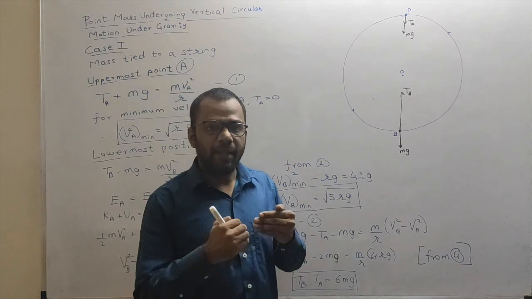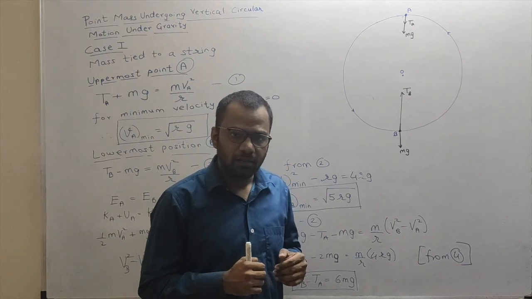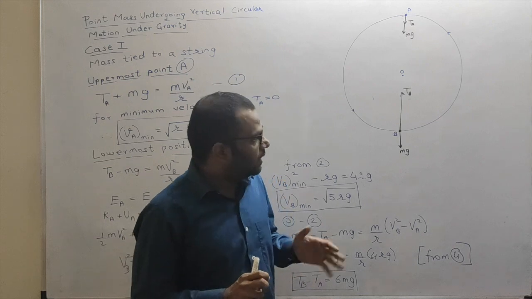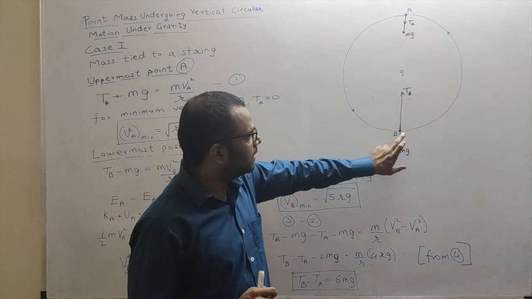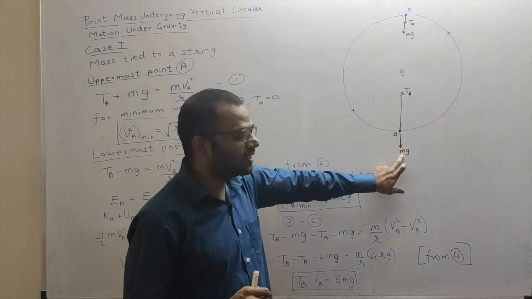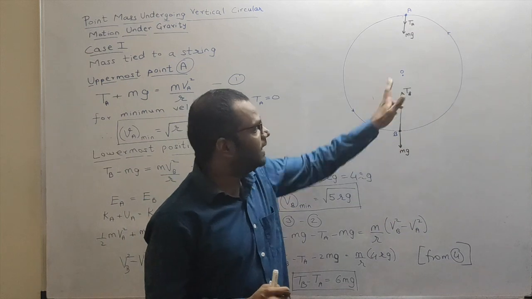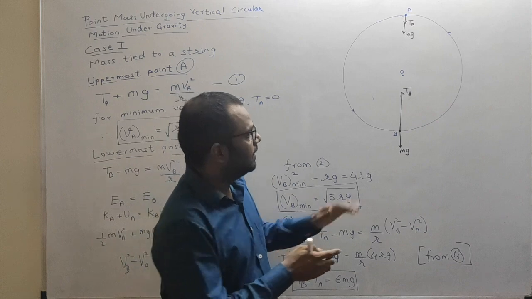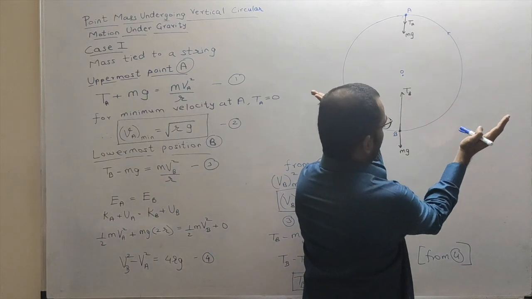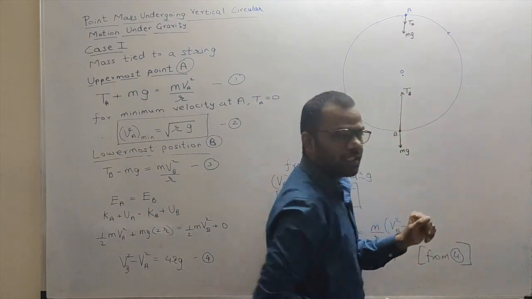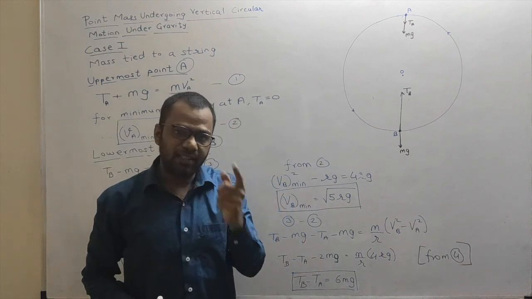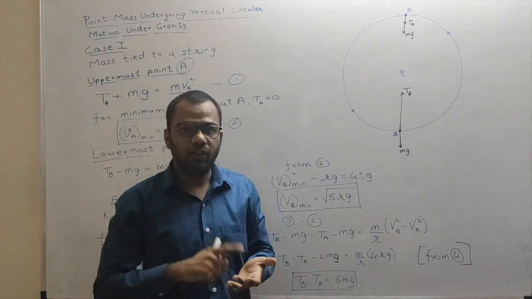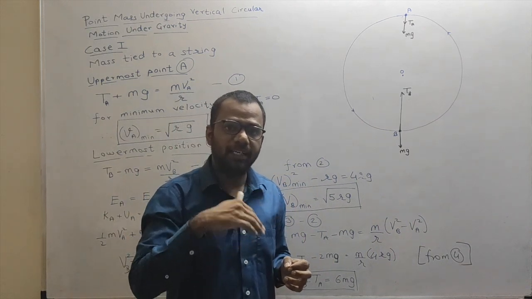We know that the total mechanical energy is conserved because actually there are two forces acting on the bob. One is the tension in the string and the other is the gravitational force. The tension in the string will not do any work on the bob because the tension and the velocity of the bob are always perpendicular to each other. So the work done by the tension is 0. Why? Because work done is force into displacement into cos of theta.